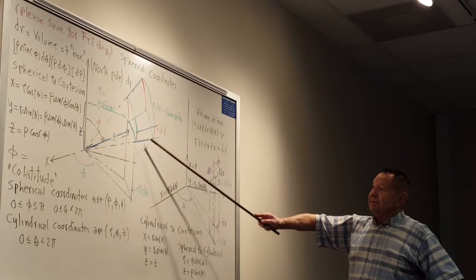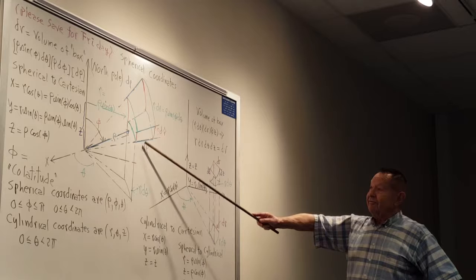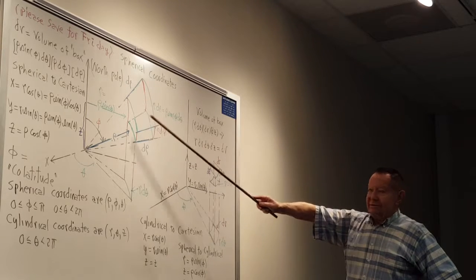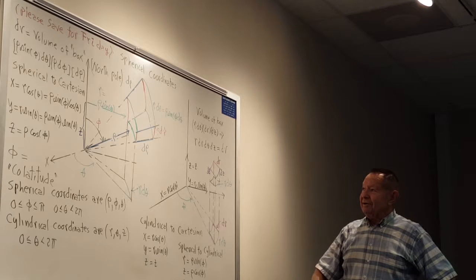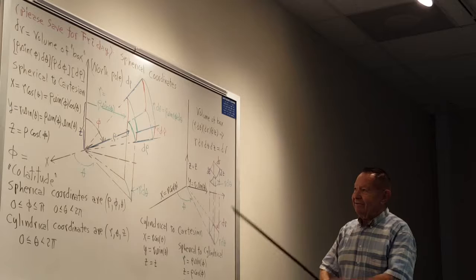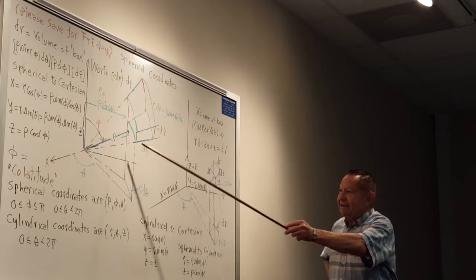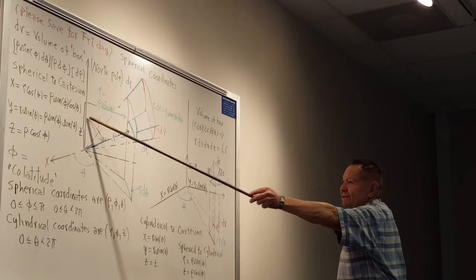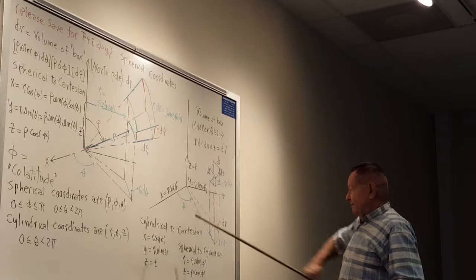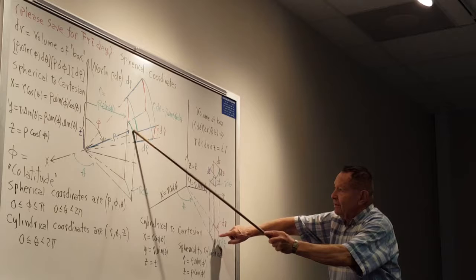So then you see my box, I have d rho like this, the blue, coming out. The drawing on your paper is probably better than this one, but I have this one so I can point to it.